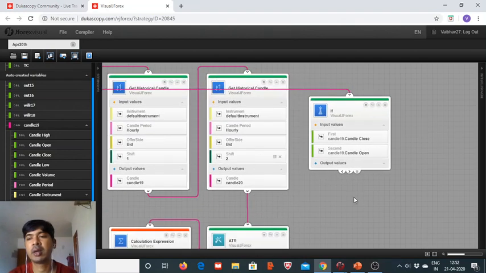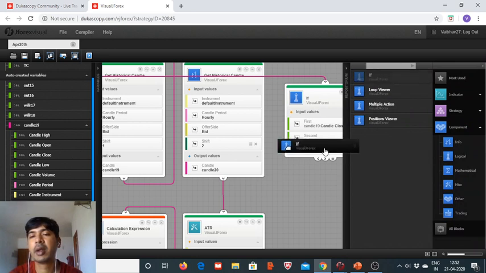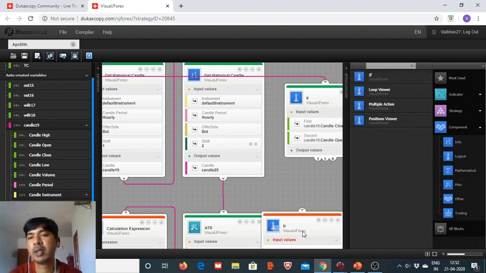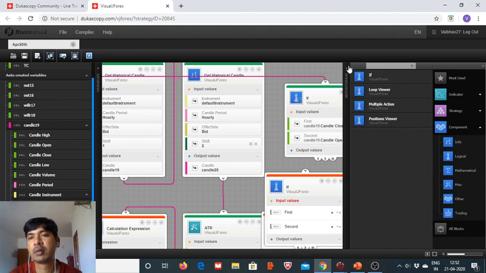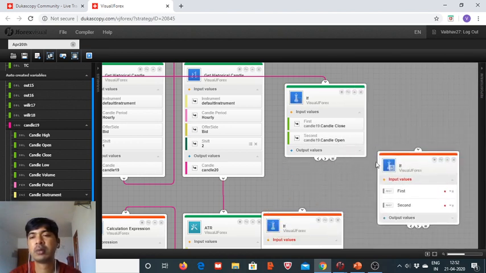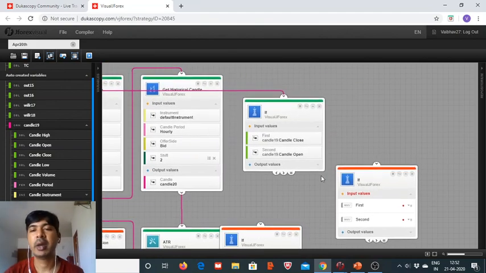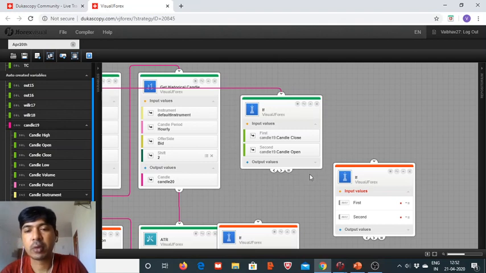Now we again take some blocks and see what can be done. Here we have the closing level, and it should be greater than the open price.